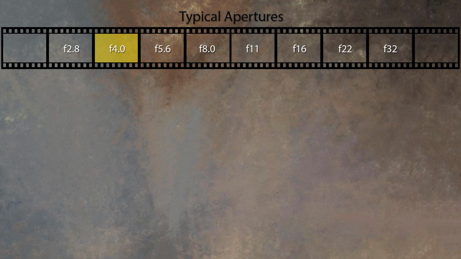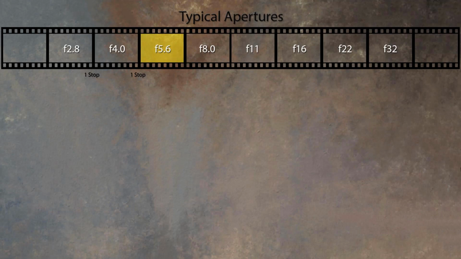That's reduced the amount of light falling onto the sensor by one stop. If we were to move from f4 to 5.6, we would see a similar thing. f5.6 is a smaller hole in the lens, so we're reducing light still further, and if we look between f4 and 5.6, once again it's one stop.